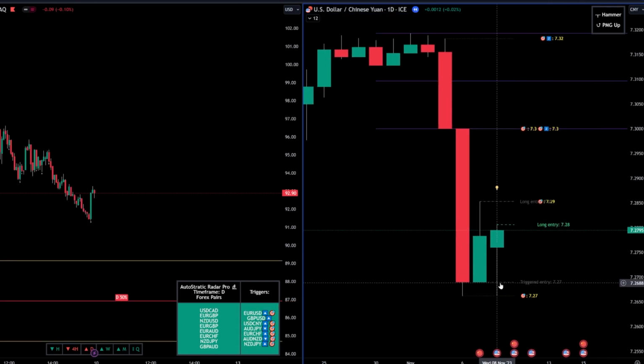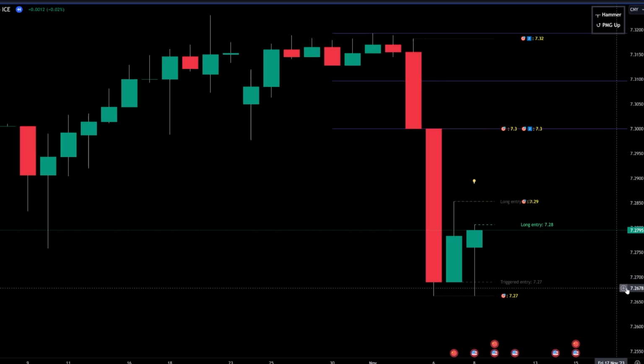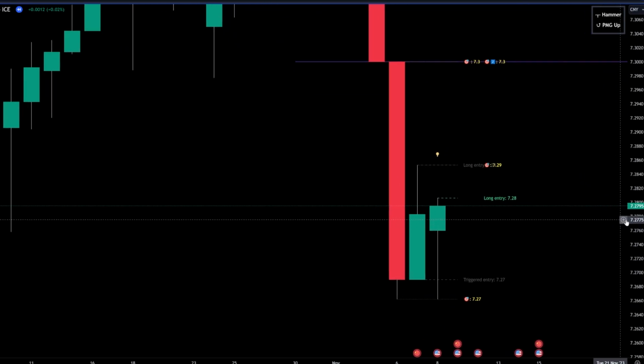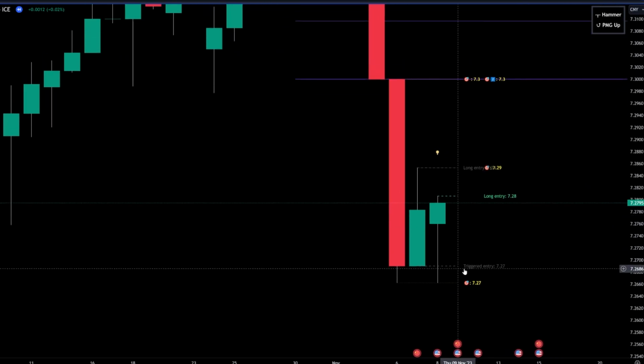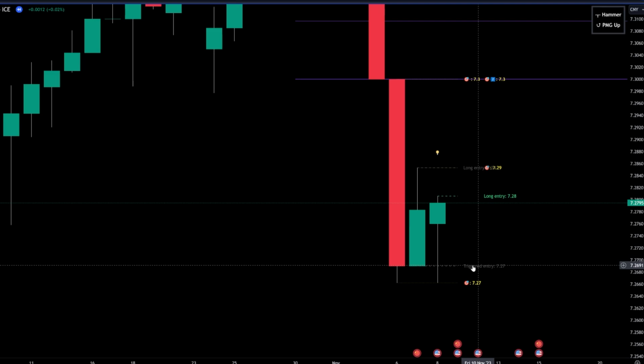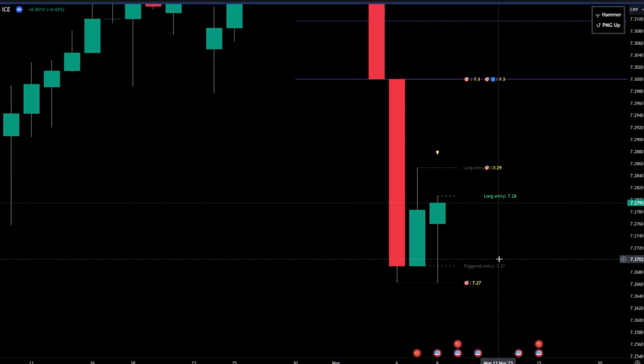Since we didn't close below this, and you see how, and this is important, if something triggers and it goes gray, AutoStratic is then saying that that trade idea is invalidated at the time being. You see, when we trigger things, it typically highlights a color. That's showing you that the trade idea is active, at least as AutoStratic is referencing it, the one that's suggested.